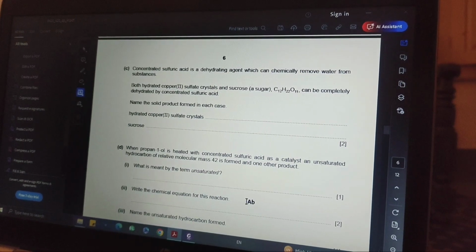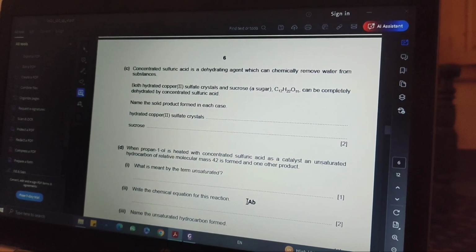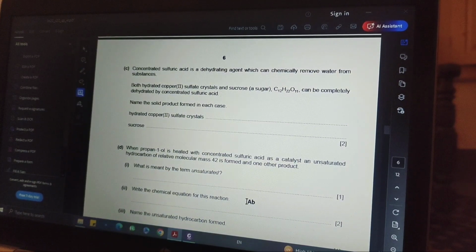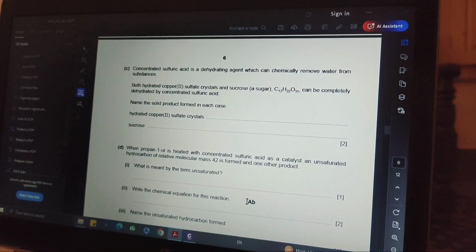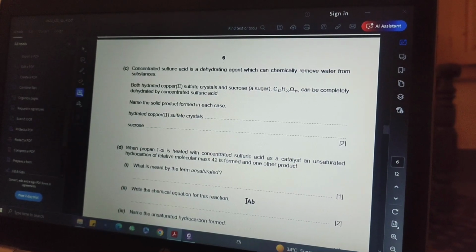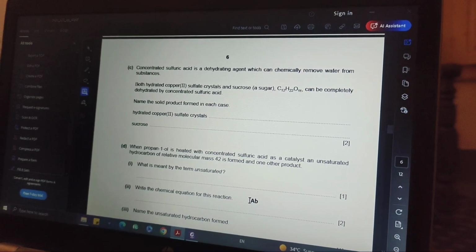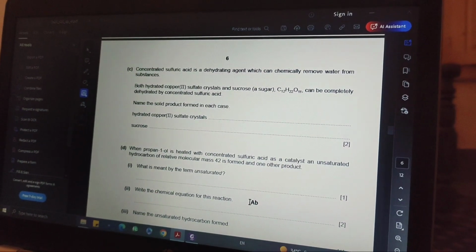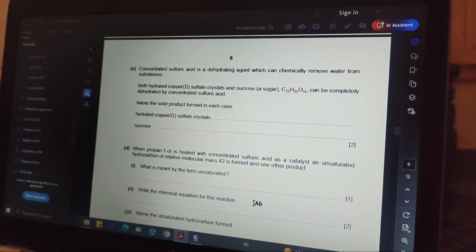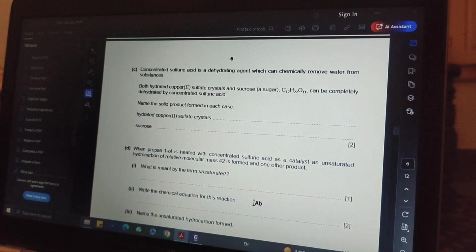The C part says concentrated sulfuric acid is a dehydrating agent which can chemically remove water from substances. So both hydrated copper sulfate crystals and sucrose, a sugar that is C12H22O11, can be completely dehydrated by concentrated sulfuric acid. Name the solid product formed in each case.